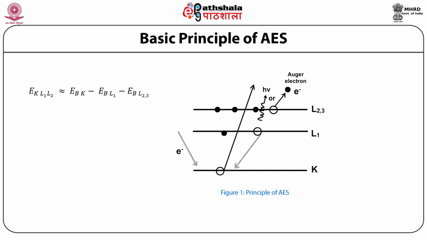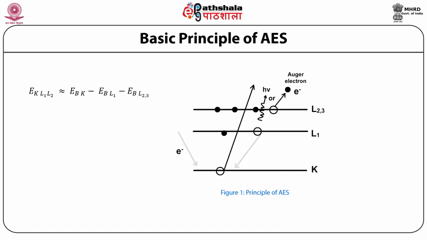For example, the kinetic energy of an Auger electron in equation 1 is from the process illustrated, that is, an incident electron knocks out a K shell electron, an L1 shell electron refills the K shell vacancy, and an L23 shell electron is ejected as the Auger electron.